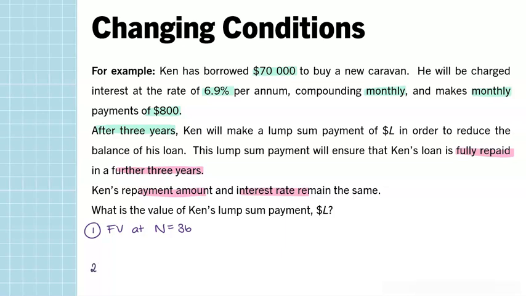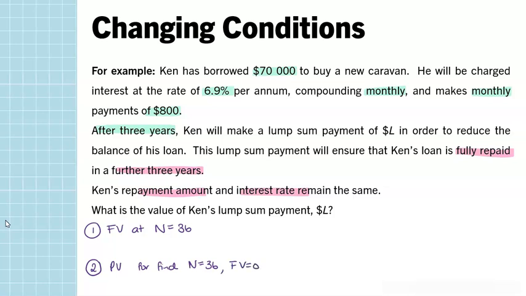The second thing we then want to find out, if he made a further 3 years of the same repayments with the same interest rate to finalise his loan, then what was his starting point to achieve that? So what is the present value for the final 3 years, the final 36 payments where the future value ended up at 0?